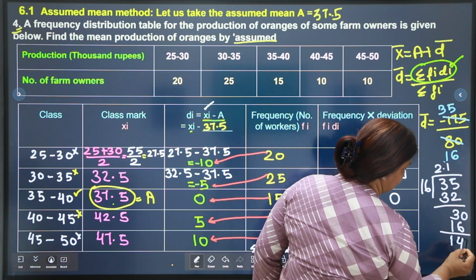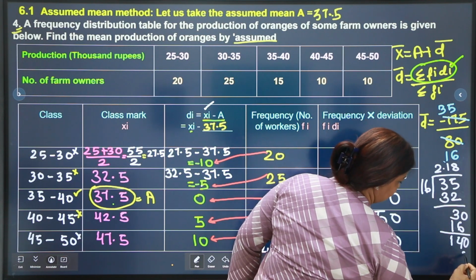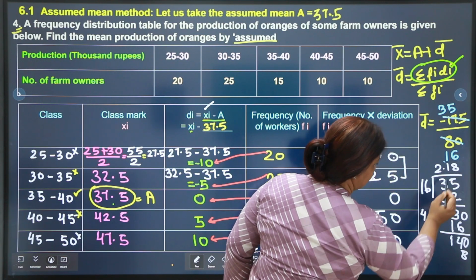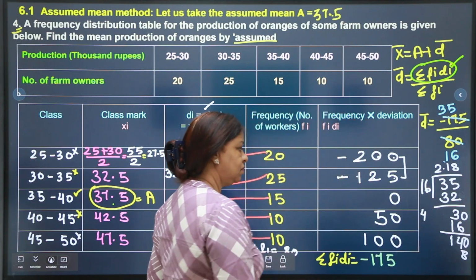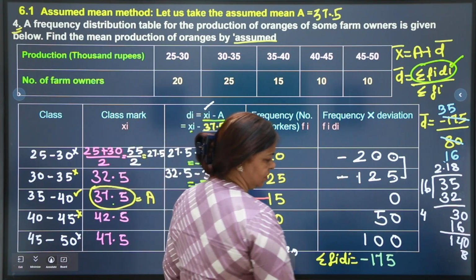And now increase 0. 16 8s are, let us take, 8 6s are 48. 8 1s are 8. And 8 plus 4, 12.